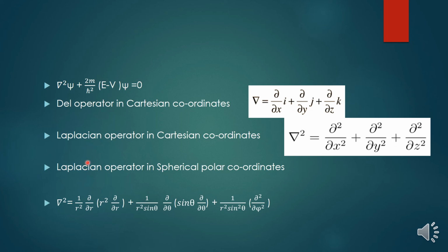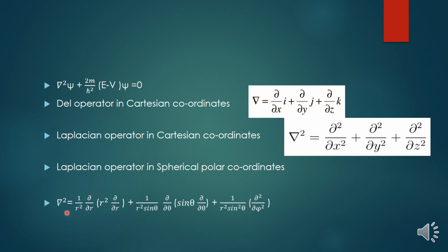The Laplacian operator in the Cartesian coordinate system, that is the del square operator, is the self dot product of the del operator. So it is a scalar operator written as del square by del x square plus del square by del y square plus del square by del z square. This operator in the spherical polar coordinate system can be written in this fashion. If you want, you can check it by using the interconversion as we have seen in the previous slide.